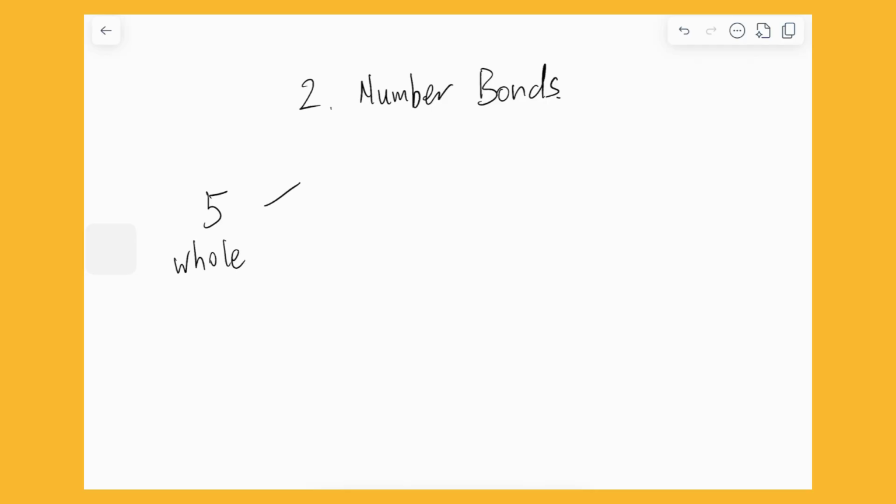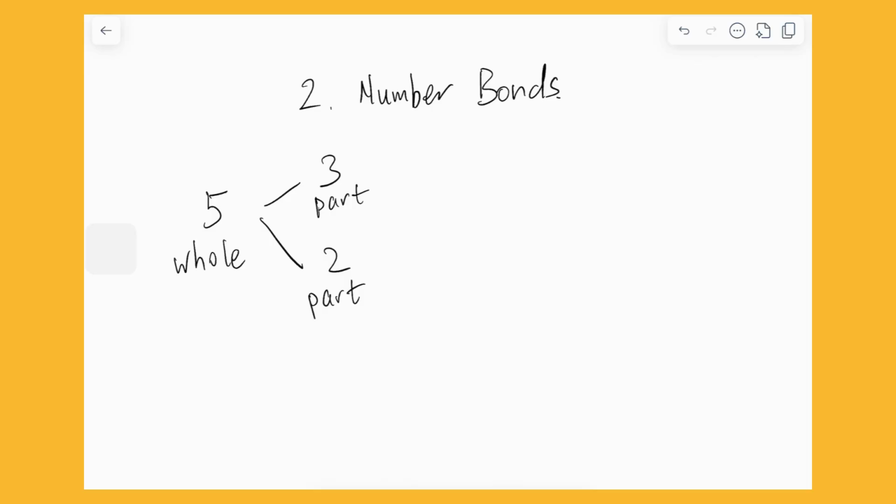And we have 3 here as a part. And we have 2 here as a part. Of course we can make up other stories by using the same numbers, but just different stories.